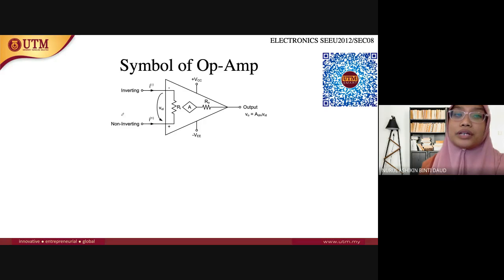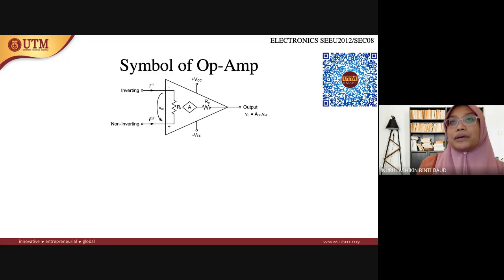Okay, so let's look at the symbol of the op-amp. These are the symbols of the op-amp. Since the negative terminal is here, this is the inverting part, and the positive terminal here is the non-inverting part. At these negative and positive terminals there is a current flow: I minus at the inverting, and I positive at the non-inverting.